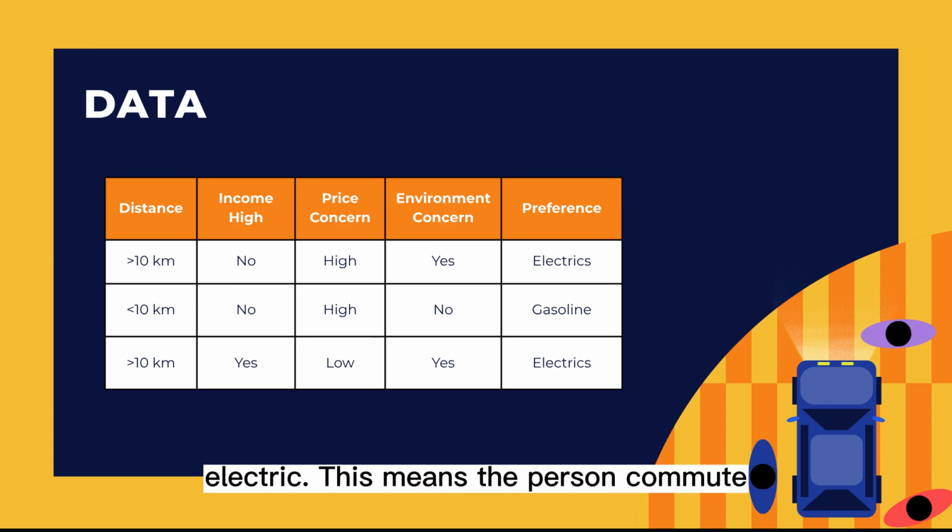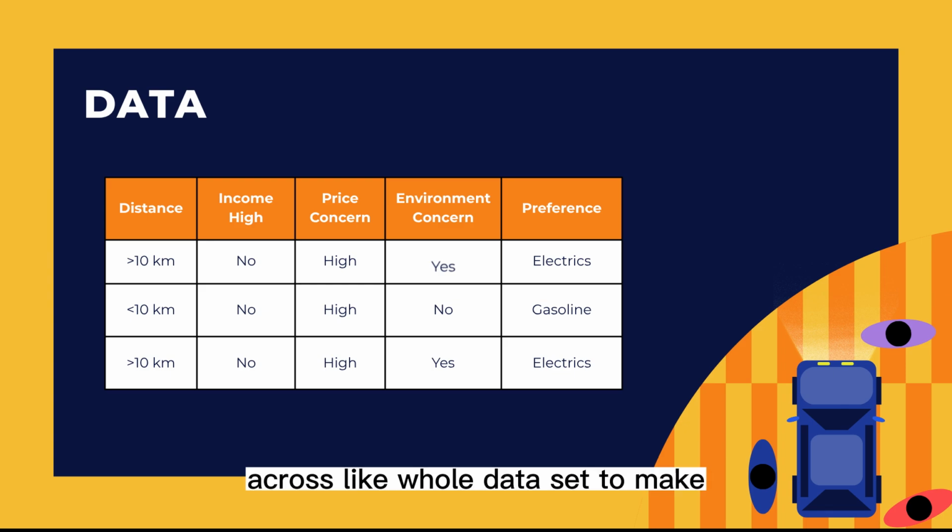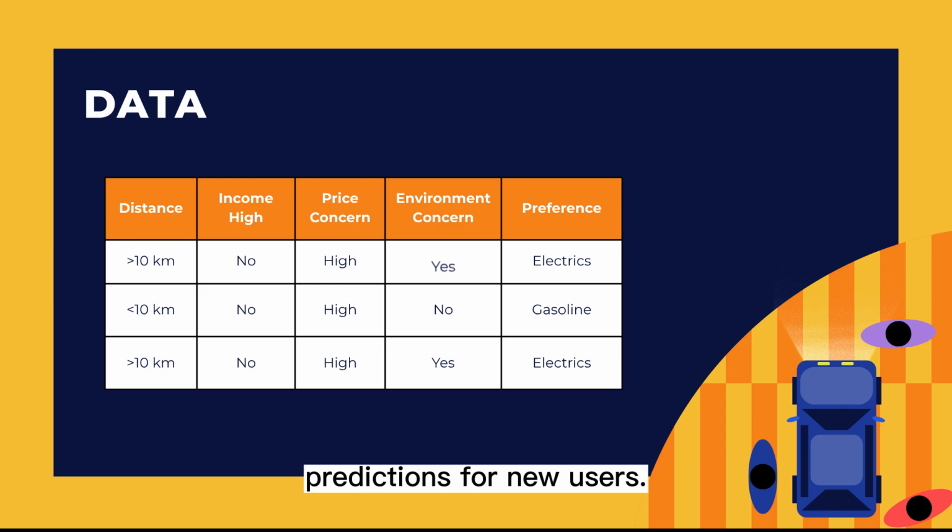This means the person commutes more than 10 kilometers, has no high income, cares a lot about fuel price and the environment, and ends up choosing an electric car. Our model learns patterns like this across the whole dataset to make predictions for new users. To keep things simple, we've shown just 3 sample entries here, but the model was trained on the full dataset.